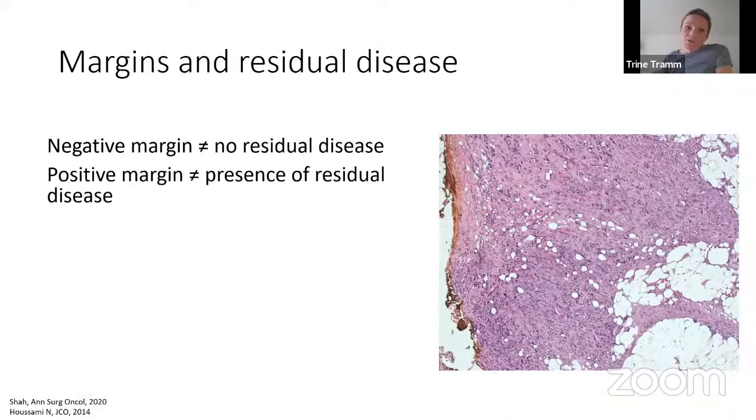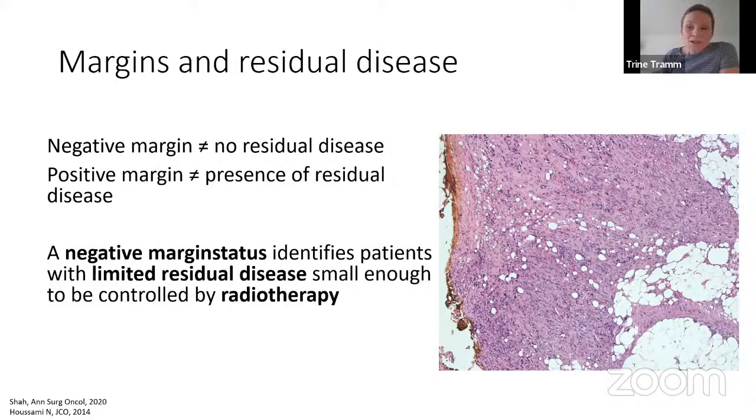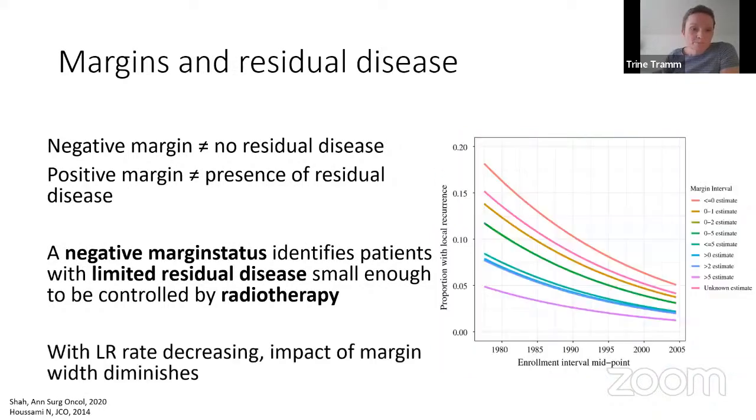So a negative margin is not equal to no residual disease. A positive margin, which you probably know from re-excision specimens, is not necessarily equal to presence of residual disease. But a negative margin status will identify patients with limited residual disease, which will be small enough to be controlled by systemic treatment or radiotherapy.